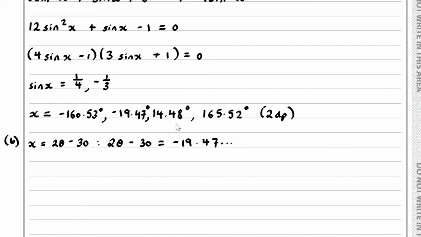And the reason for that is if I add 30 to this, I get something positive, and then dividing it by 2, I get something positive, but with this value here, I'd get a smaller positive value. So if I find out what theta is from here, it turns out we get theta equals 5.26 degrees to 2 decimal places. This is the smallest positive value of theta.